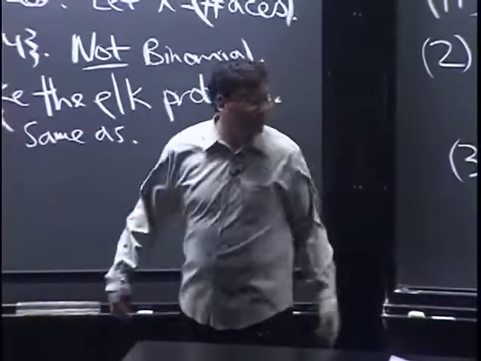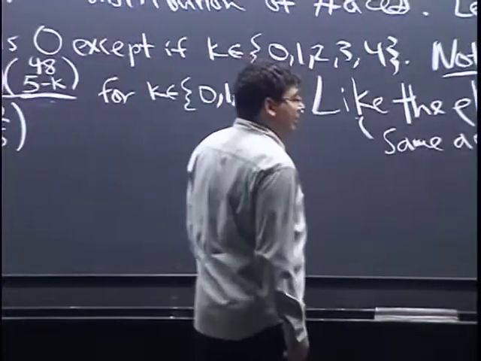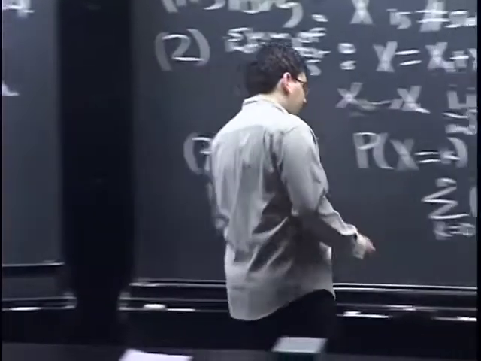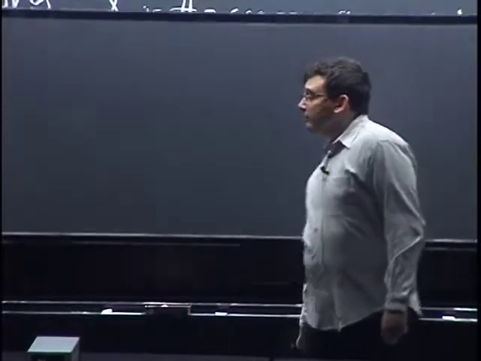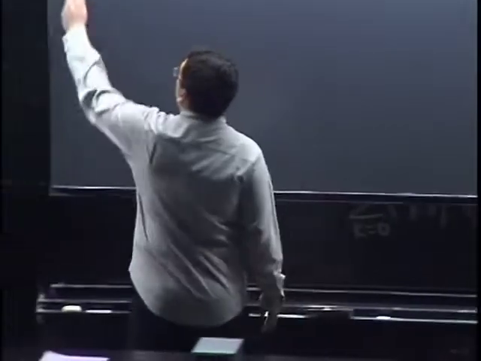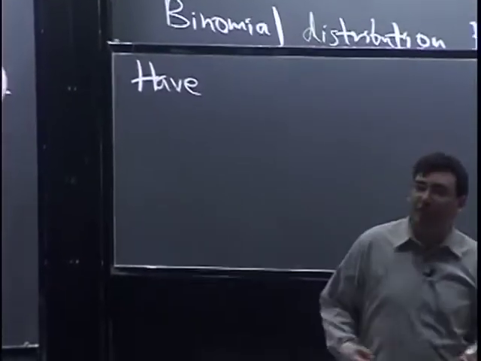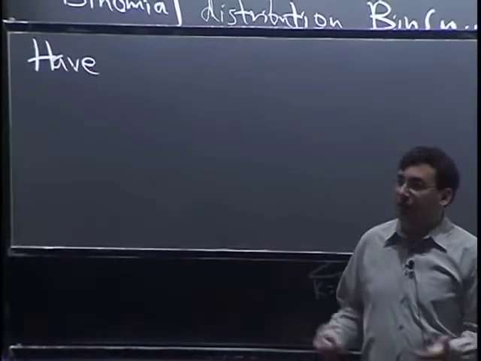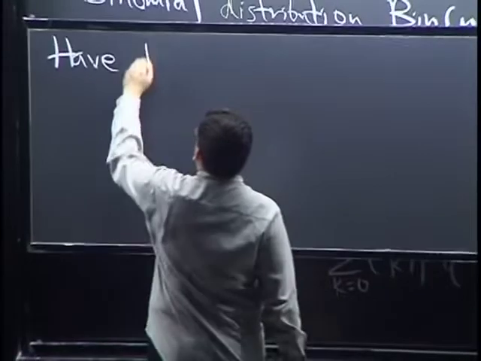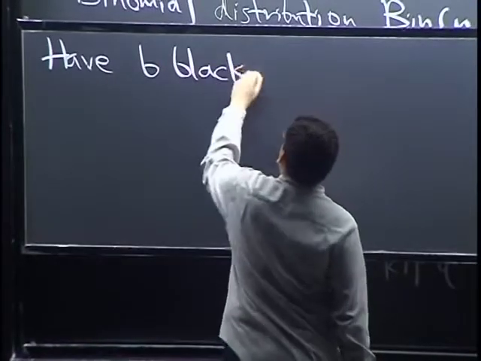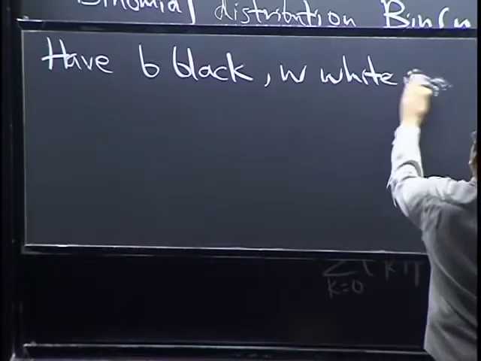Okay, now coming back to the comment that this reminds you of Vandermonde, let's actually write this out in a more general version. Suppose that we have a jar full of marbles, and let's say B of them are black and W of them are white marbles.